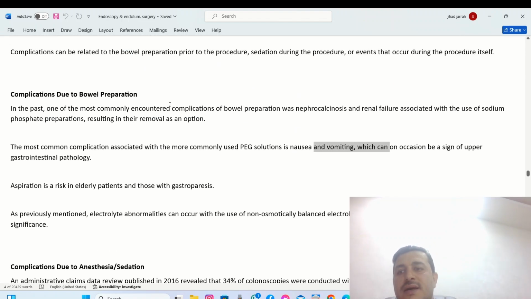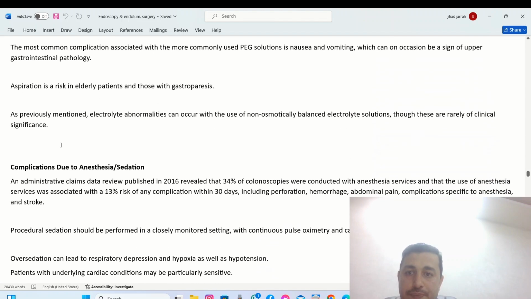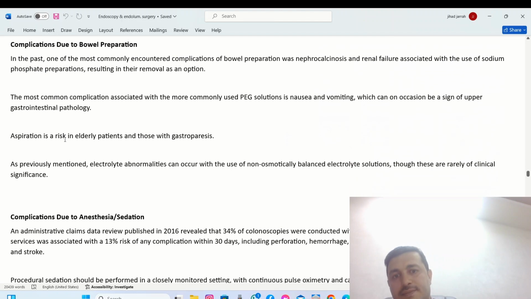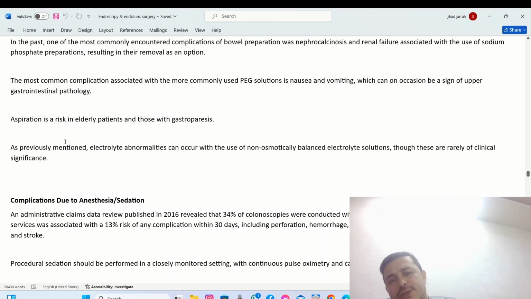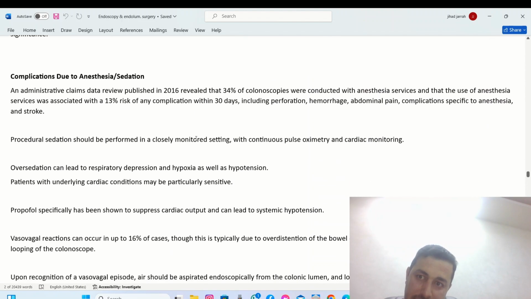Aspiration is also a risk in elderly and patients with gastroparesis. We said that the hyperosmolar or non-osmotically balanced bowel preparation is usually associated with electrolyte abnormality.